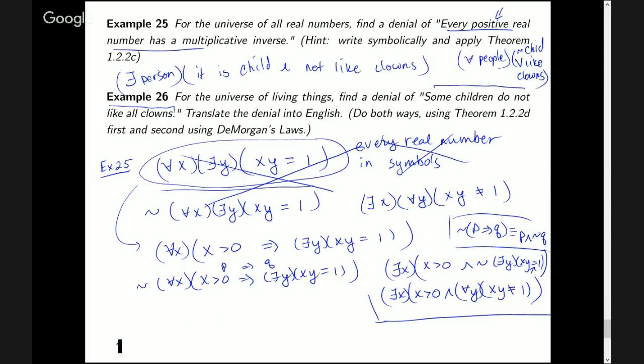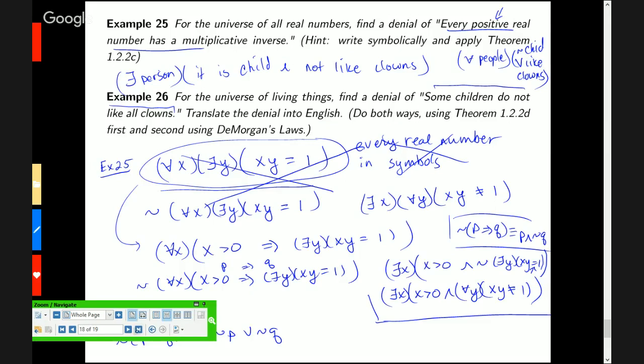Recall that De Morgan's laws: not (P and Q) is equivalent to not P or not Q. So that statement would be, for all people, either they're not children, or they like clowns. That's how that one gets negated. Okay, we're almost done here.